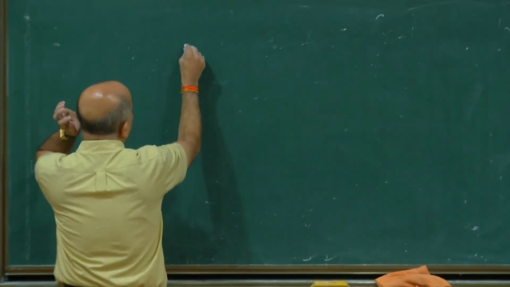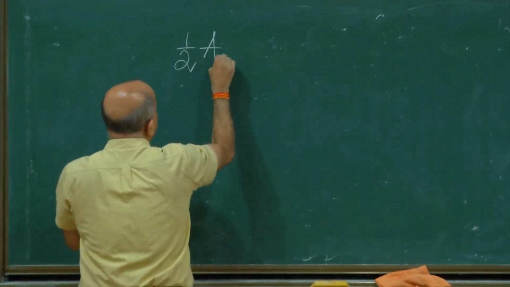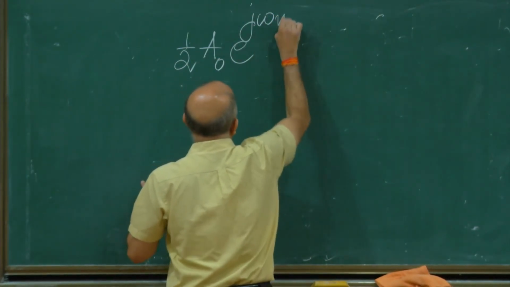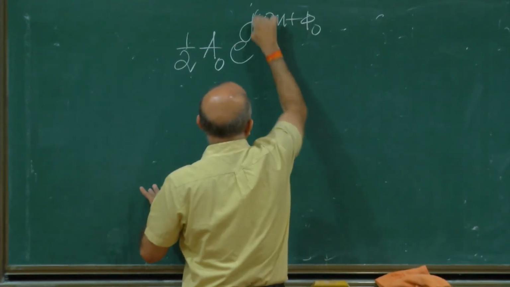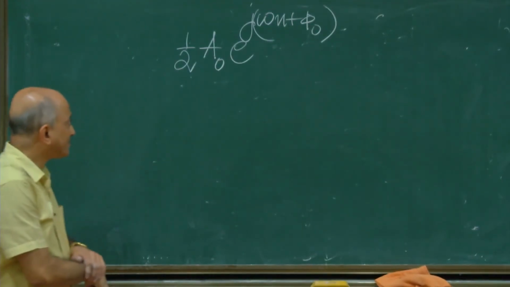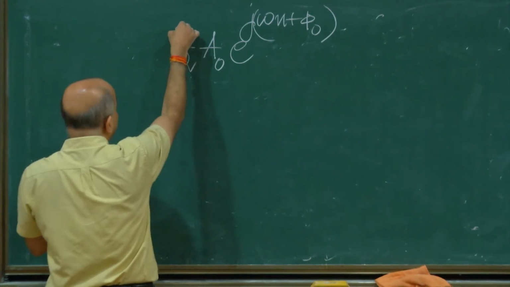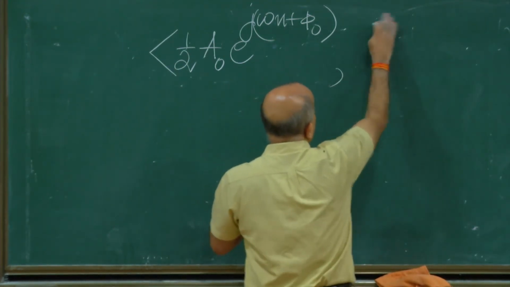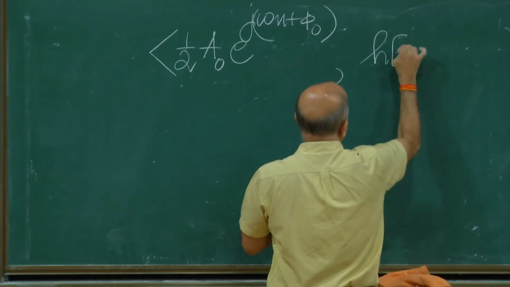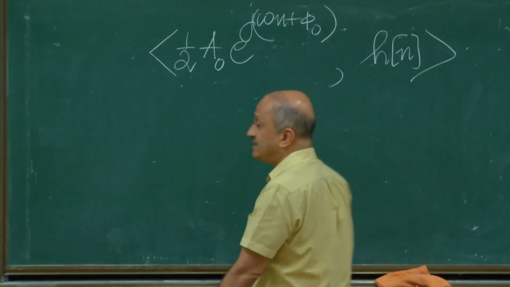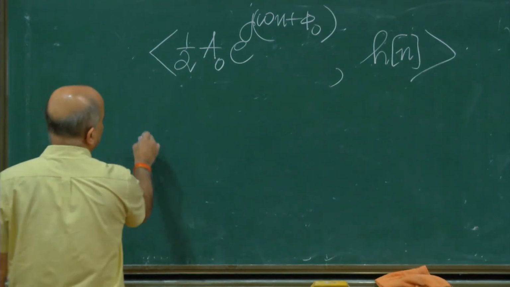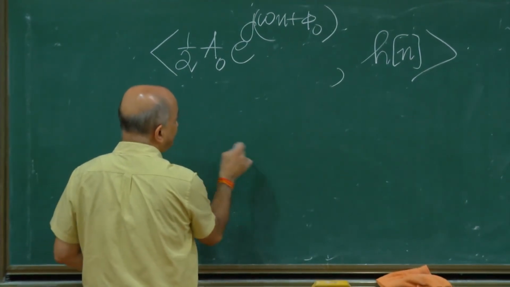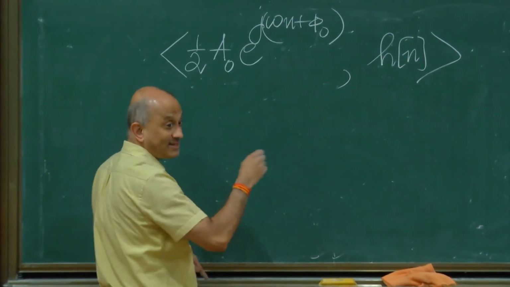The positively rotating one is half a naught e raised to the power j omega n plus phi naught. And let's take the dot product of this with the impulse response. What would it give you? Right? So please calculate.